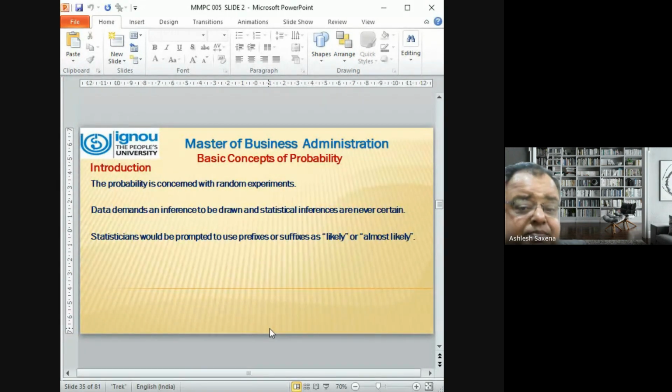The percentage of surety is not there. There are some cases that will happen for sure. That means tomorrow the sun will come. If you cannot see it, that means a cloud is there, but the sun is there. This is what we think of.